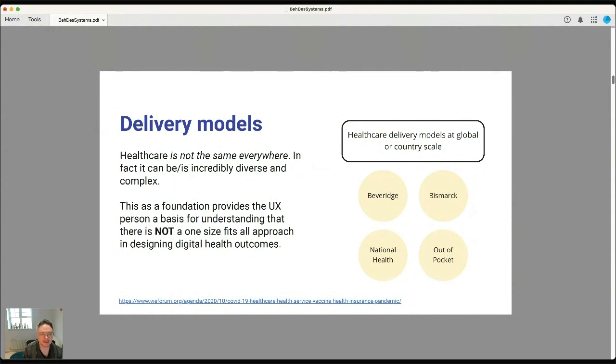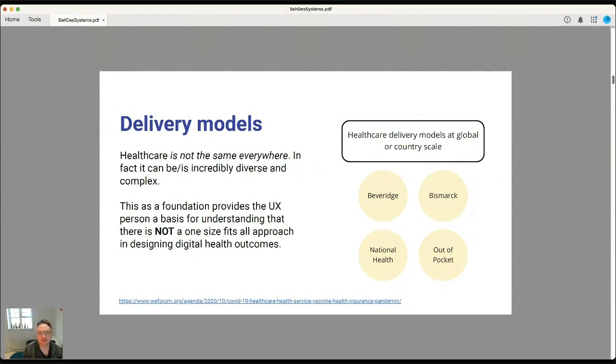So, for example, healthcare isn't the same everywhere. It's very diverse and complex. And this is a really good foundational aspect for the UX person to understand that there really isn't a one-size-fits-all approach in designing digital health outcomes because of the way the countries and different healthcare systems deal with digital healthcare, and that's only one part of it.